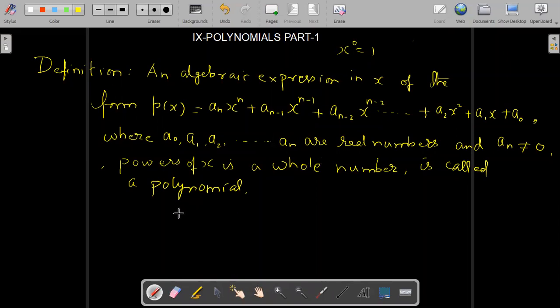It can be in any variable. For example, we generally denote polynomials by p(x), q(x), r(x).